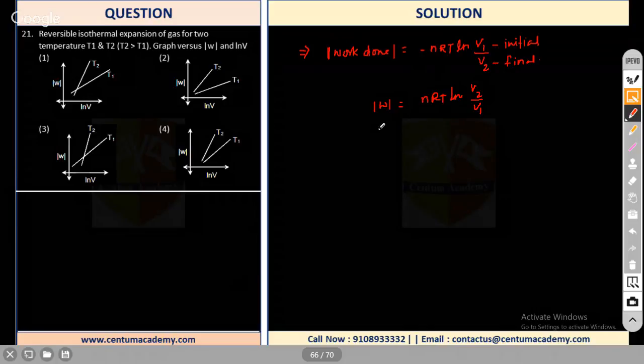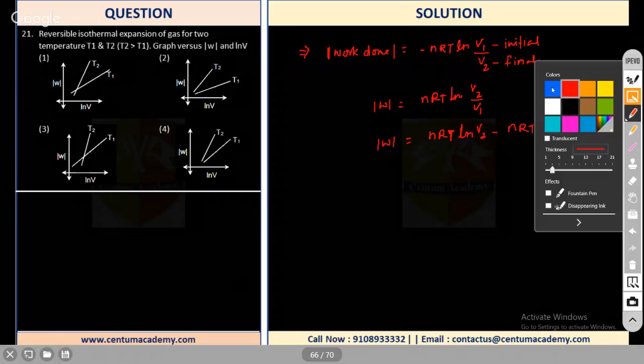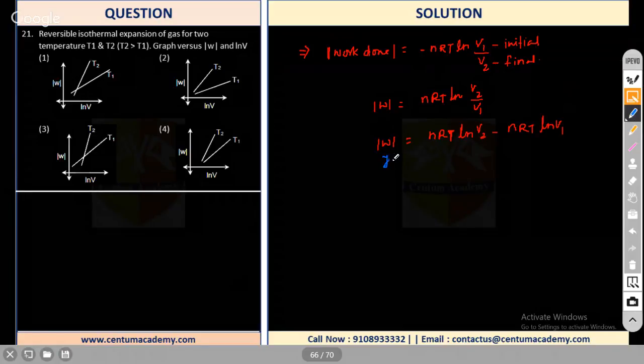So you see this work done W is equal to nRT ln of V2 minus nRT ln of V1. So this is the work done at a given temperature T, right? If you see the equation here, it is y = mx + c.